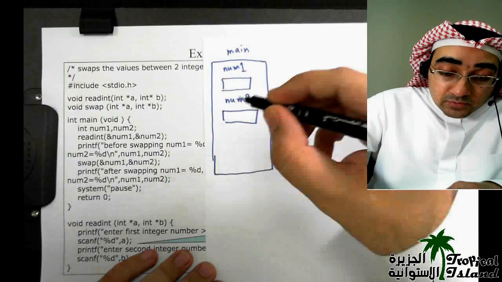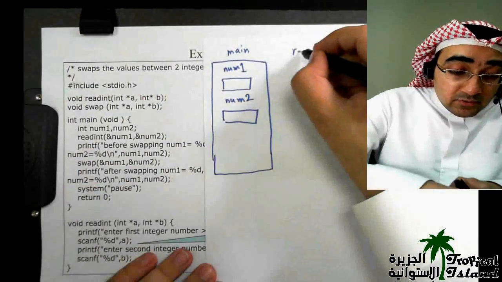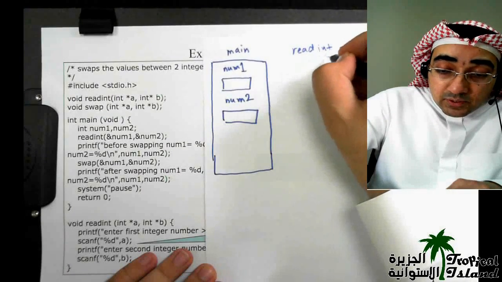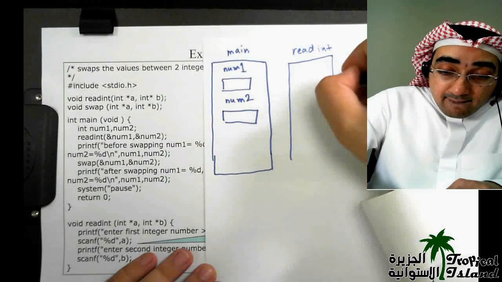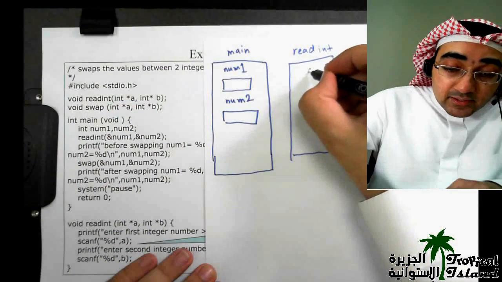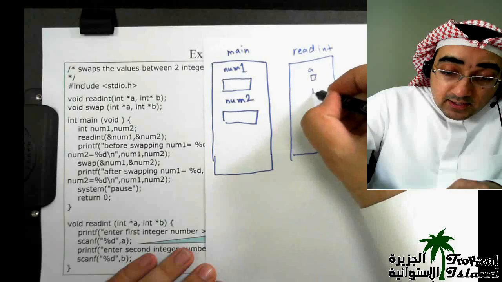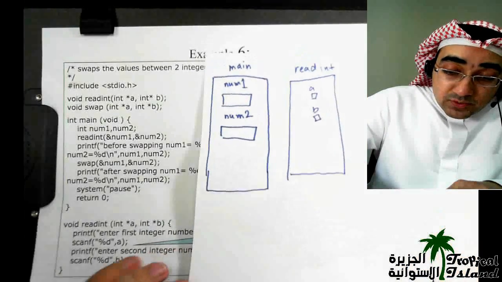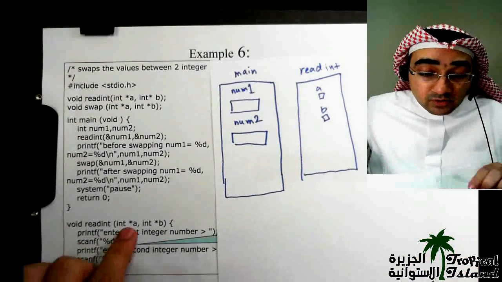Okay, so I'm just going to leave some space here, and readInt will allocate another memory. The readInt has two pointer variables, A and B, which is another pointer variable. Okay, so this is the readInt.